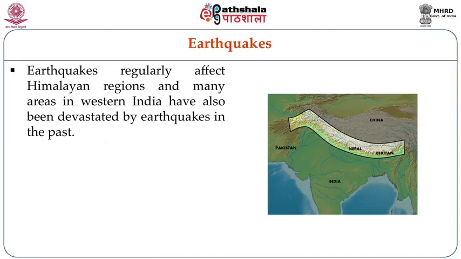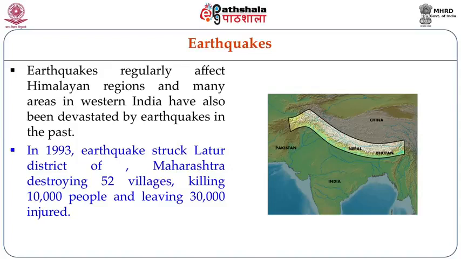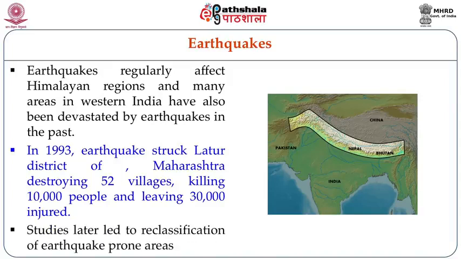Earthquakes regularly affect the Himalayan region, and many areas in western India have also been devastated by earthquakes in the past. In 1993, an earthquake struck Latur district of Maharashtra, destroying 52 villages, killing around 10,000 people and leaving 30,000 injured. Studies later led to reclassification of earthquake-prone areas.